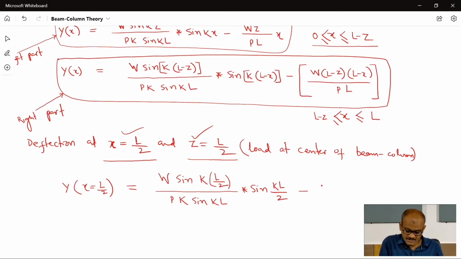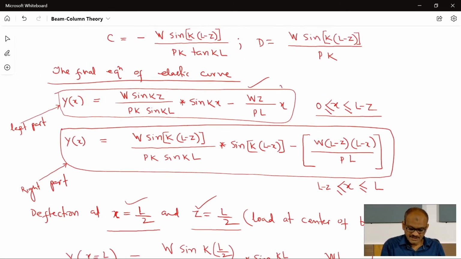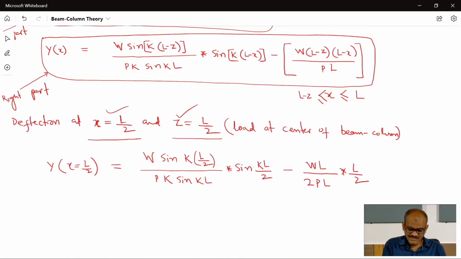minus WL divided by 2P into L by 2. If you substitute x equal to L by 2 in this equation, we get this expression.